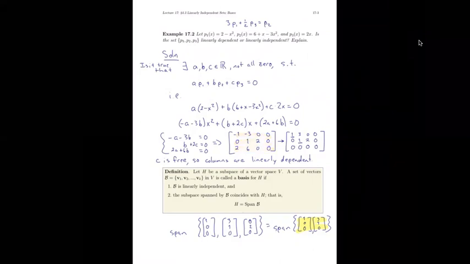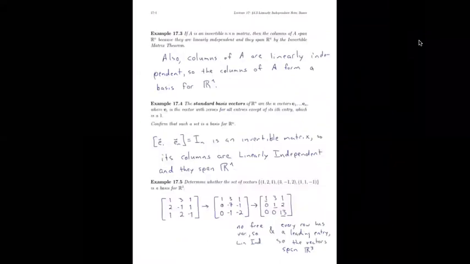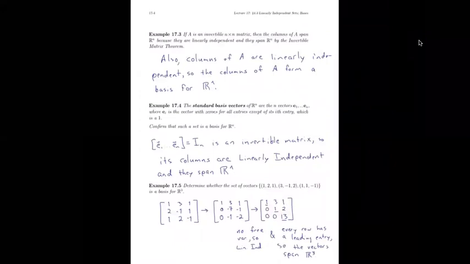So we can move on from there and have a look at some examples and some results concerning this. First, it'll be somewhat straightforward, just talking about examples of these bases. If A is an invertible n by n matrix, then the columns of A span Rn.